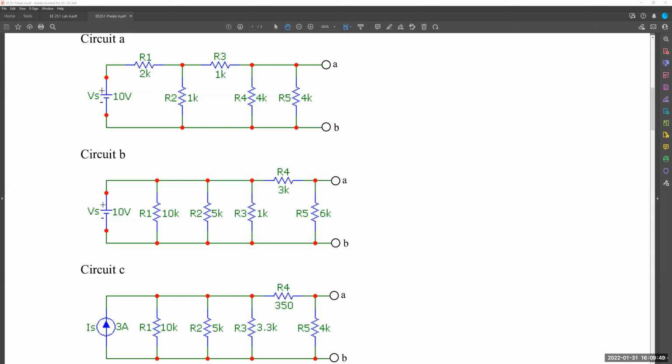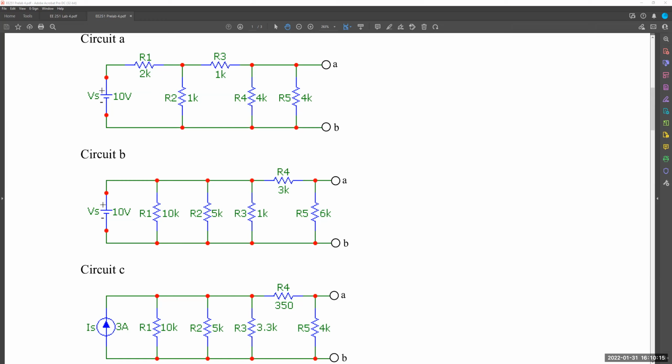And that is my total Req. And my Thevenin resistance, RTH, is equal to Req between those two terminals. All right, that's how you would find Req.